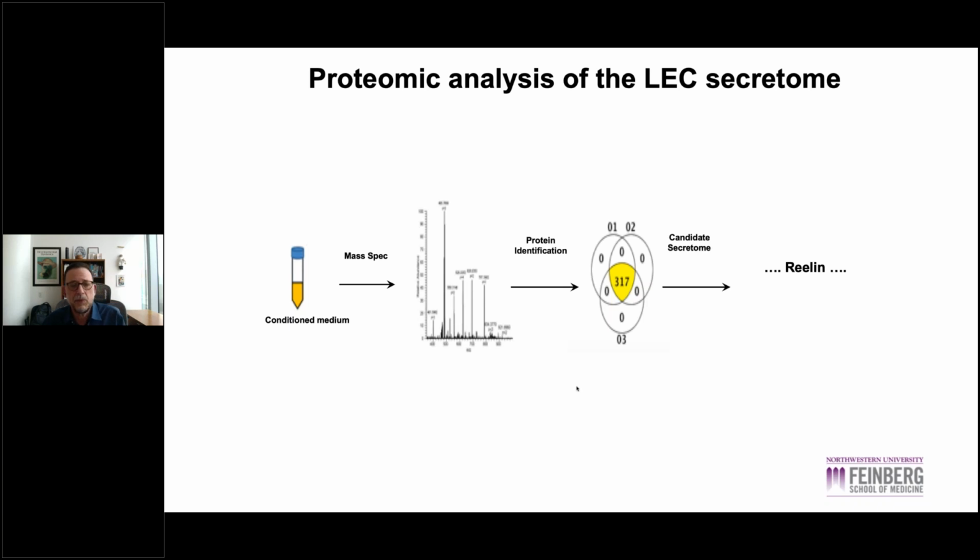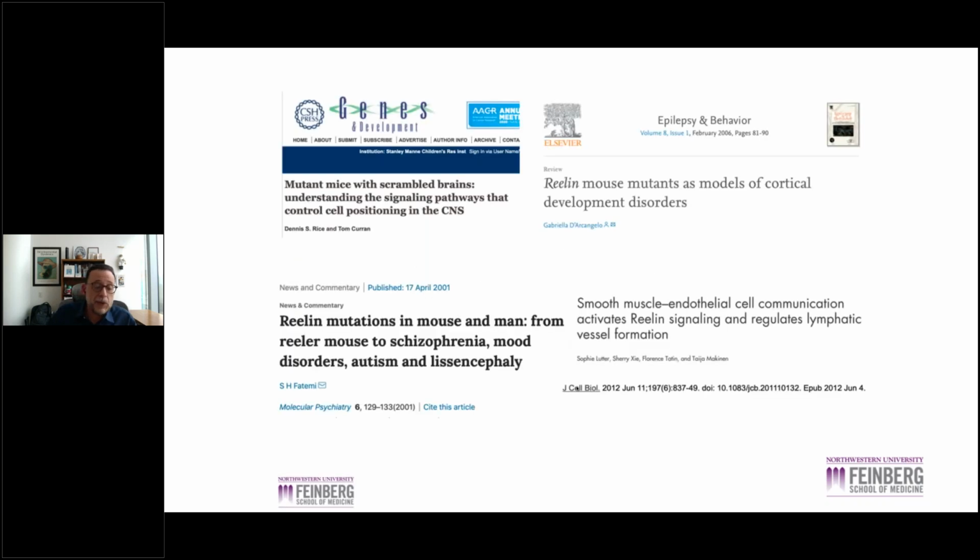We did mass spec, proteomics and bioinformatics, and a number of candidates came out, and we are working on some of those, but the one I will focus on, and we focused on for this paper, was reelin. This was initially a somewhat surprising candidate, because reelin was mostly known for its roles in the CNS.